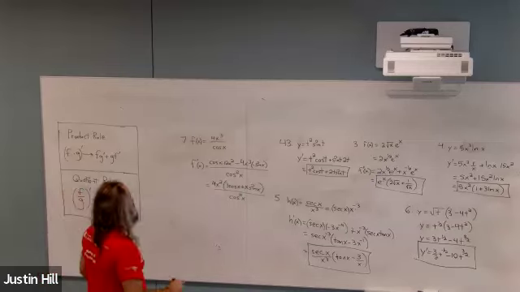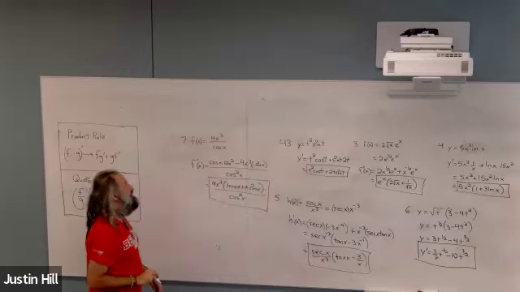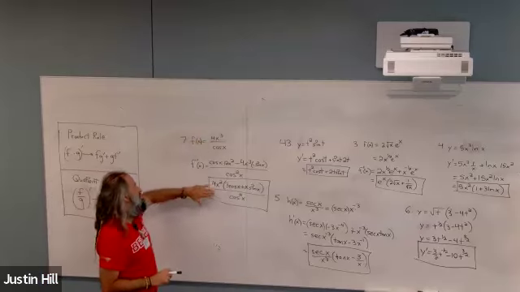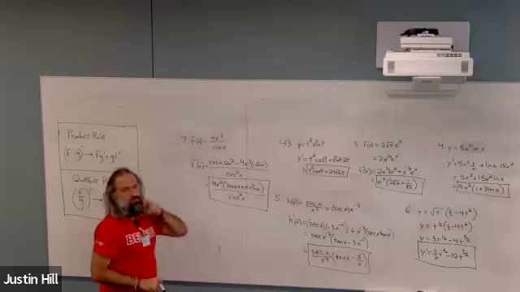I don't think there's much other simplifying we can do with this. So that is our answer. The derivative of 4x cubed over cosine x is 4x squared, 3 cosine x plus x sine x, all over cosine squared x.